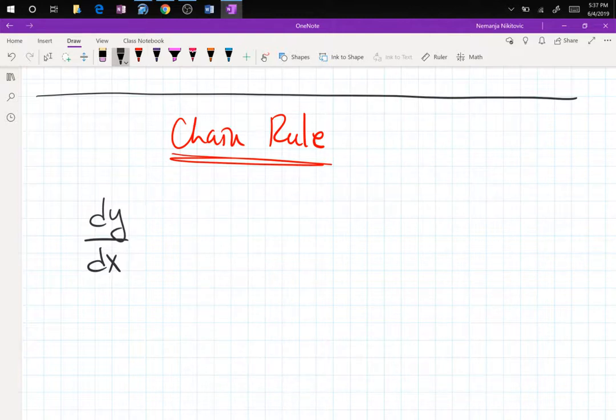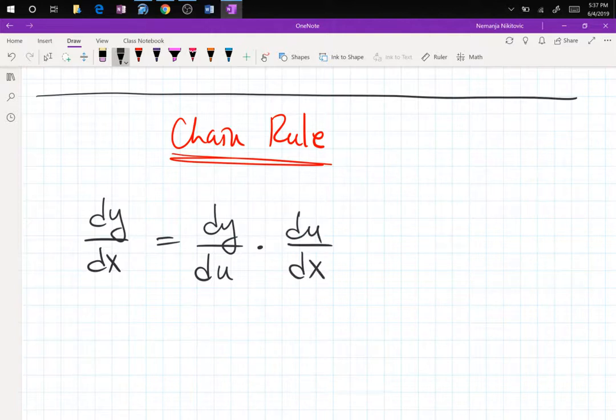But then inside of that rule, you insert another rate in between. Say dy/du, and then du/dx.